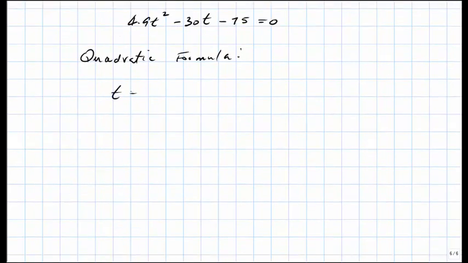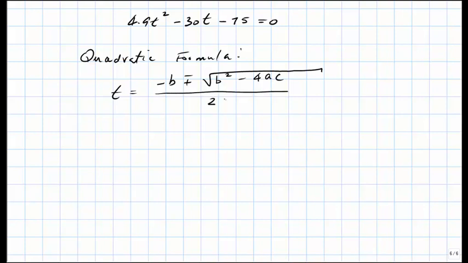If we want to solve this for t, it equals negative b plus or minus the square root of b squared minus 4ac, on top of 2a. Of course, the a, b, c are located right here. The 4.9 is A, B equals negative 30, and C equals negative 75. So let's introduce them into the formula.